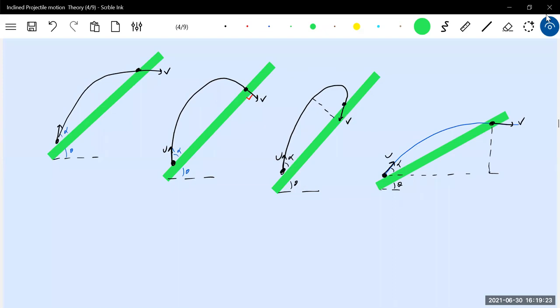Sir, what is the difference between the first and the last? It is having some component of velocity in this way. I will show it.